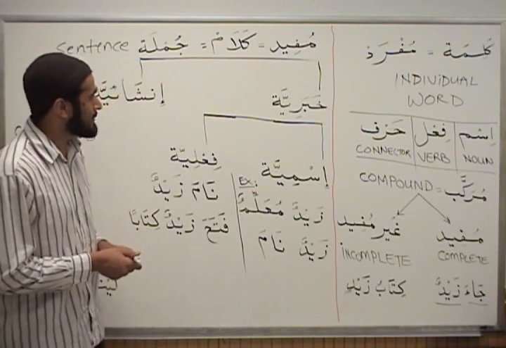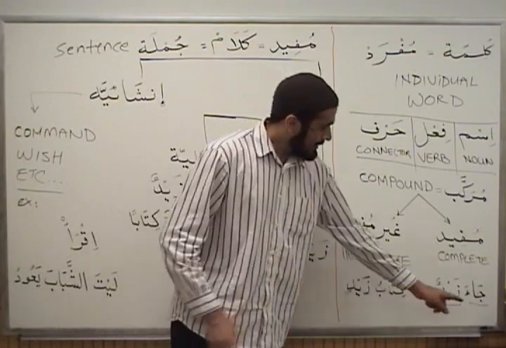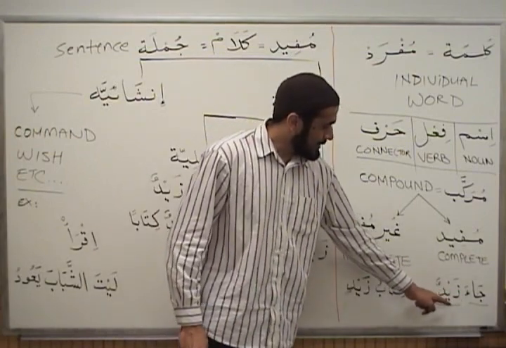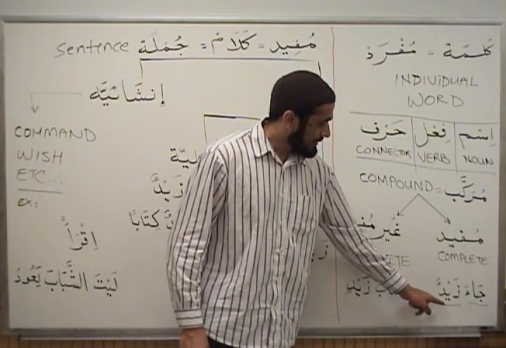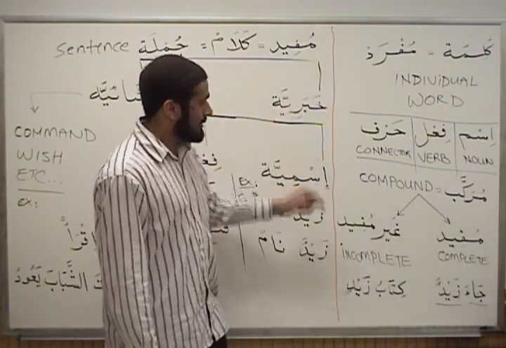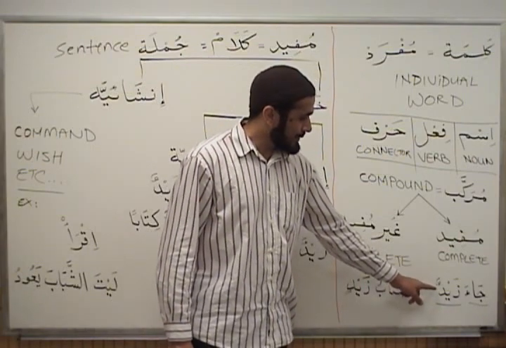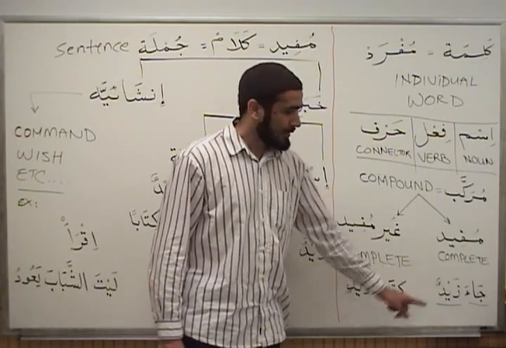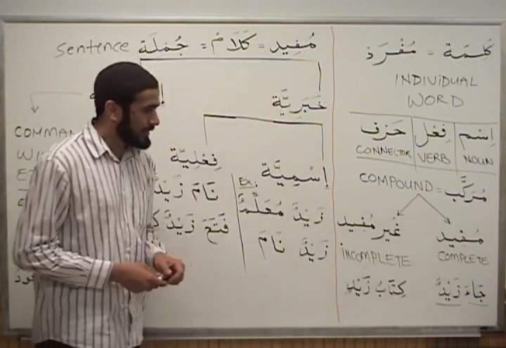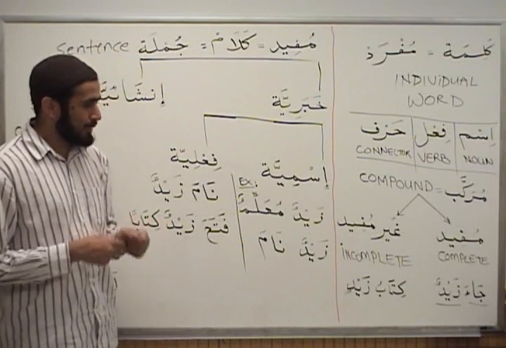For example, we'll go back to our old example here. If you say Ja'a Zaydun, Zayd came, this is a jumla khabariya. Why? Because it gives us news of something that happened. Zayd came. And you can tell that by thinking about the meaning.